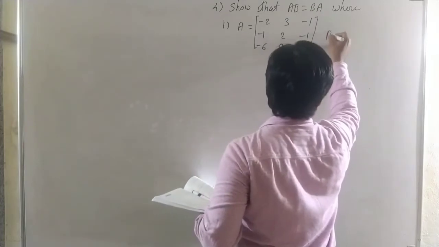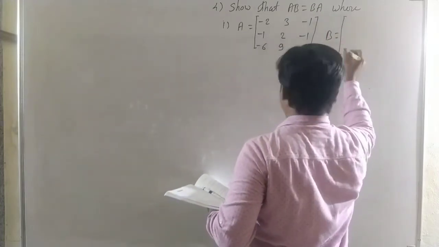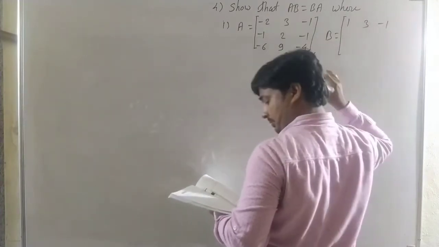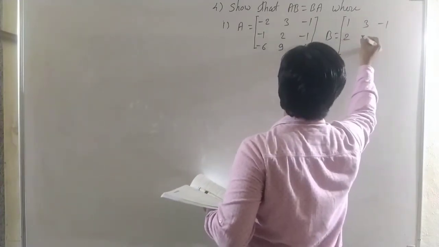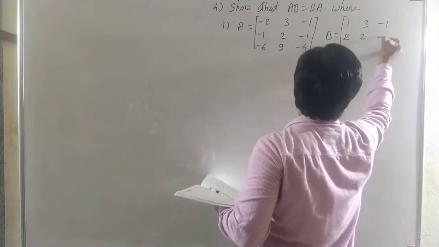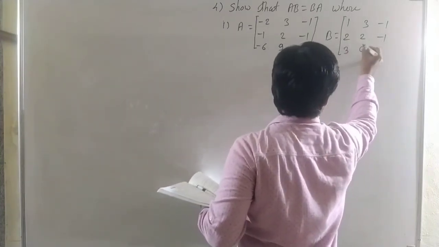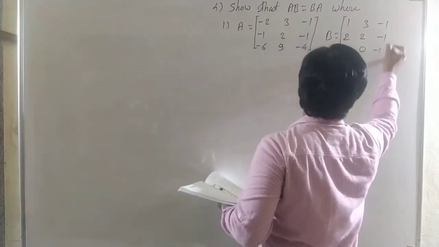And second matrix B, it is 1, 3, minus 1, 2, 2, minus 1, 3, 0, minus 1.